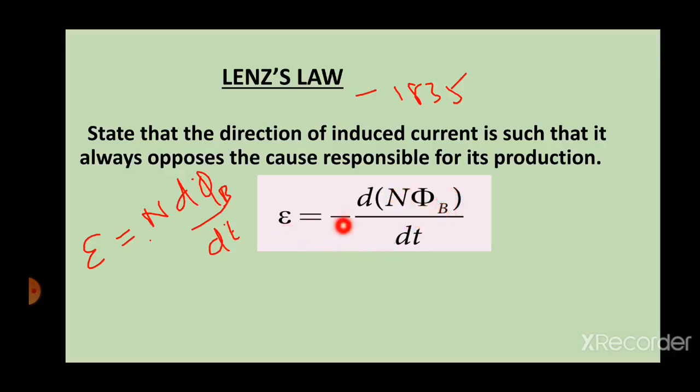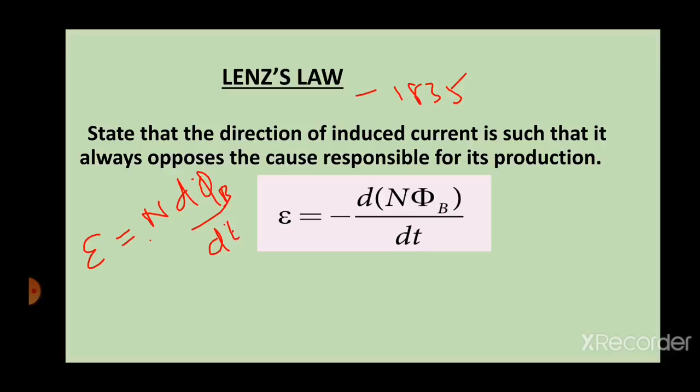Therefore, E is equal to minus, that means it opposes, the induced EMF. So minus d(Nφ_B) divided by dt. The negative sign indicates that the direction of induced EMF is such that it opposes the change in magnetic flux. So this is Lenz's law.